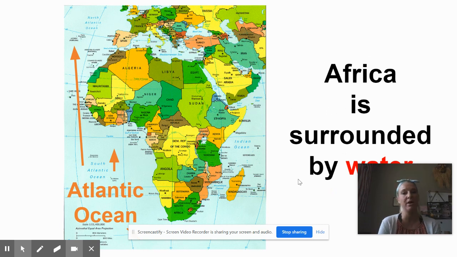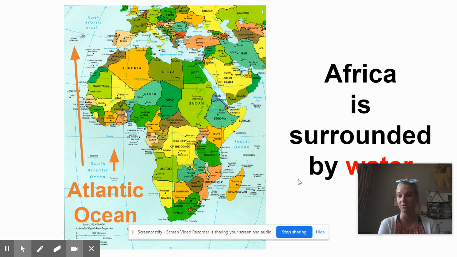Africa is surrounded by water on pretty much all sides. It's got the Indian Ocean to its east, the Atlantic Ocean to its west, and the Mediterranean Sea and the Red Sea splitting it as well. So it's not as divided by oceans as the United States, but it definitely is surrounded by water on all sides.